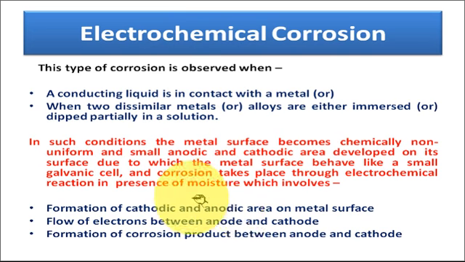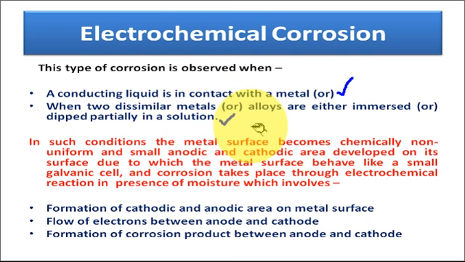This type of corrosion takes place under two following conditions. Very important, these conditions are: first, when a conducting liquid is in contact with the metal. Second, when two dissimilar metals or alloys are either immersed or dipped partially in the solution.